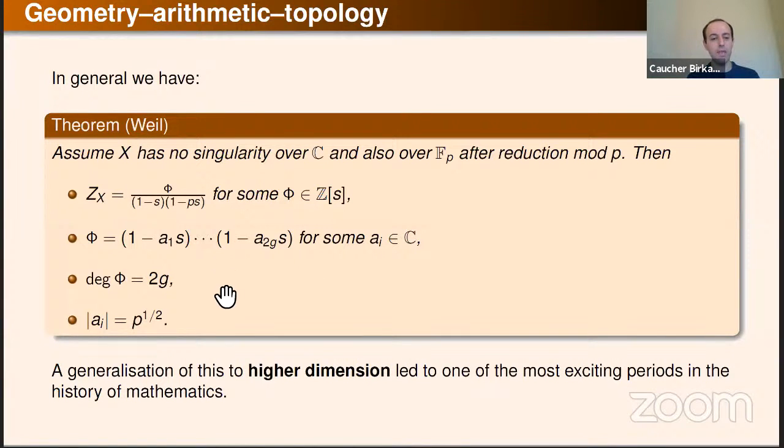This was done by Grothendieck and Deligne, with the help of other people. And just this effort to generalize this statement to higher dimension led to a revolution of algebraic geometry. So that's why this story is very interesting mathematically, but also historically really very important.